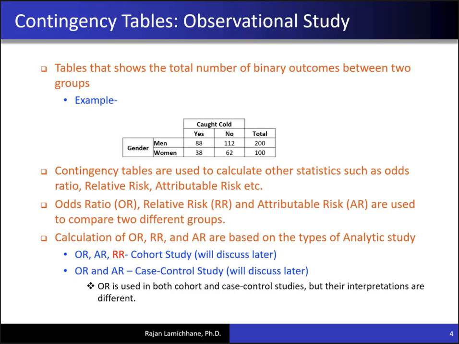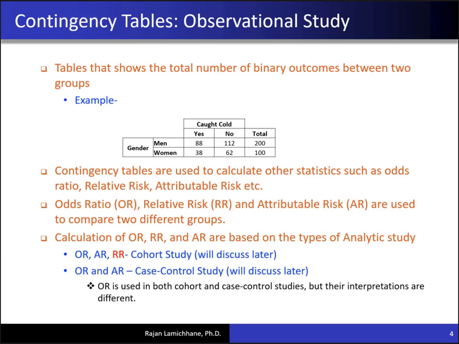If you are doing a cohort study, you can use odds ratio, attributable risk, and relative risk. And if you are using a case control study, then you can only use odds ratio and attributable risk. We'll discuss how to implement these tools and what the requirements are in the next few slides.